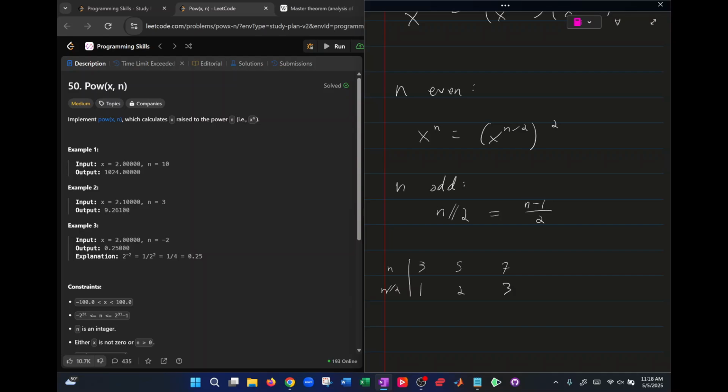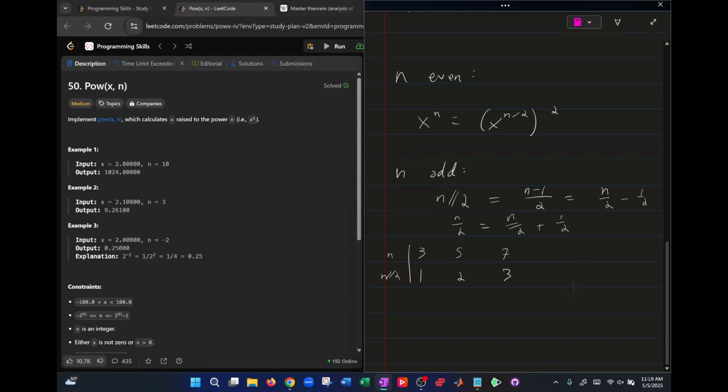And so basically it's n minus 1 over 2. This is also equal to n over 2 minus a half, and so you could also write n over 2 equals n // 2 plus a half.